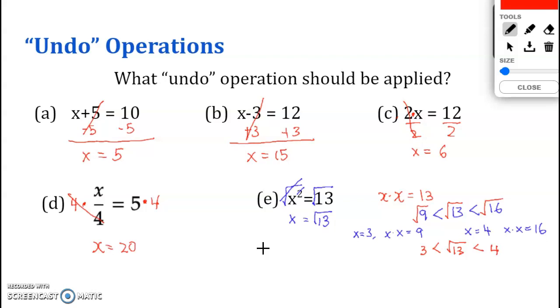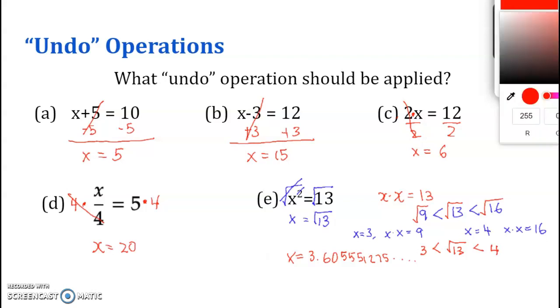Square root of 13 is, so x is going to be 3.605551275, and it goes on forever. It's a number that goes on forever, even though your calculator only gives you certain digits.